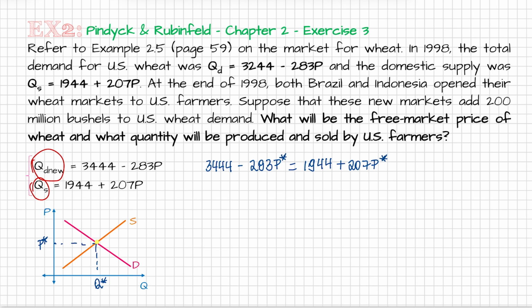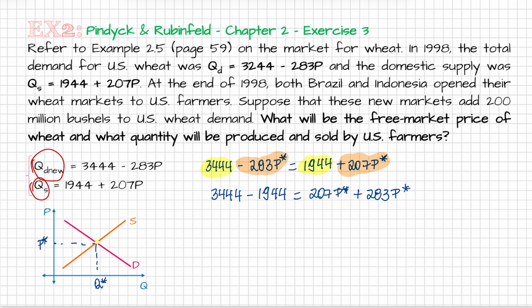And we solve for P star. We move everything with P star to the right side and everything else to the left side. We move 1,944 to the left and invert the operation. It was being added, now it's subtracted. We pass it as minus 1,944. Minus 283P star is subtracting, and we pass it to the right adding plus 283P star.